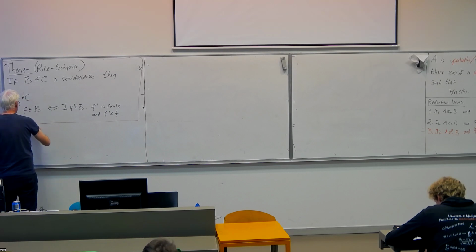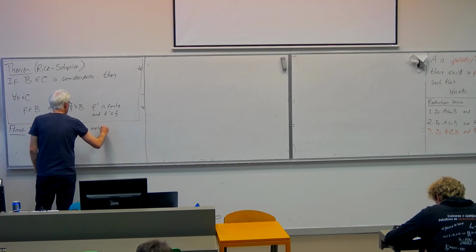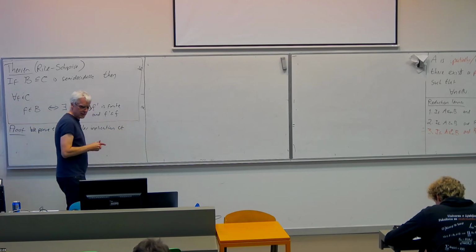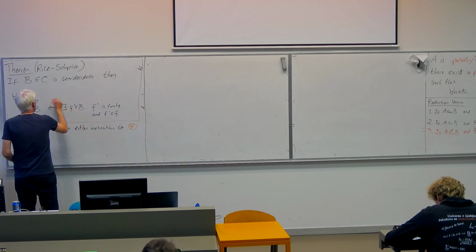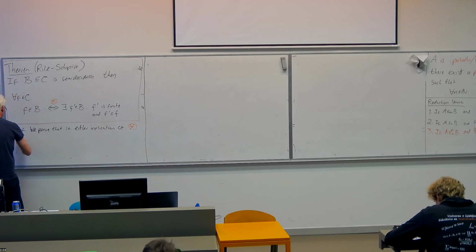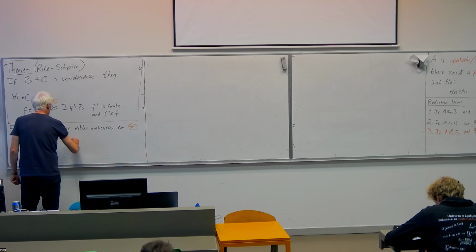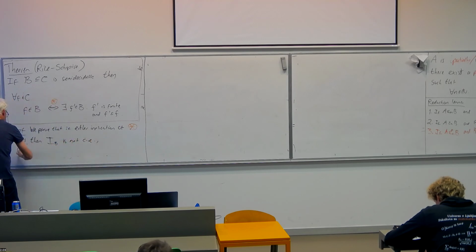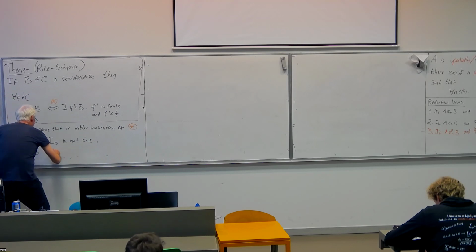So we prove that if either implication of, let's call it star, this if and only if, star, fails, then B is not semi-decidable, which means that the index set of B is not computably enumerable, hence B is not semi-decidable.